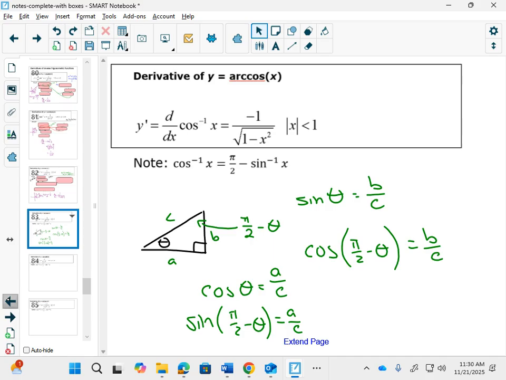So you just have to do pi over 2 minus it. Because if I found the wrong angle, I can always find the other one by doing pi over 2 minus it.